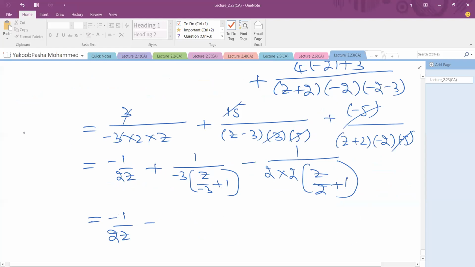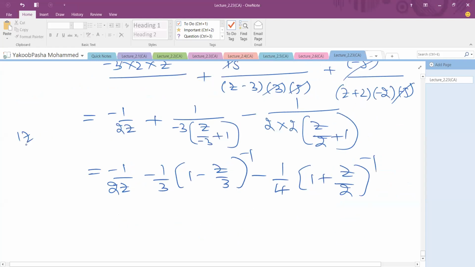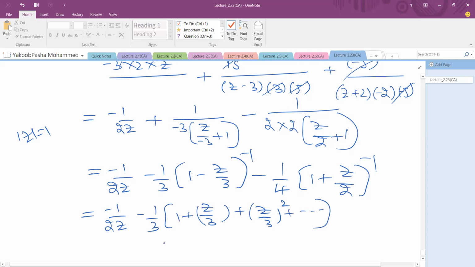Actually, in the circle modulus of z equal to 1, z by 2 and z by 3 are both inside the circle. So minus 1 by 2z minus 1 by 3, 1 plus z by 3 plus z by 3 whole square plus and so on, minus 1 by 4, 1 plus z by 2 plus z by 2 whole square plus and so on.